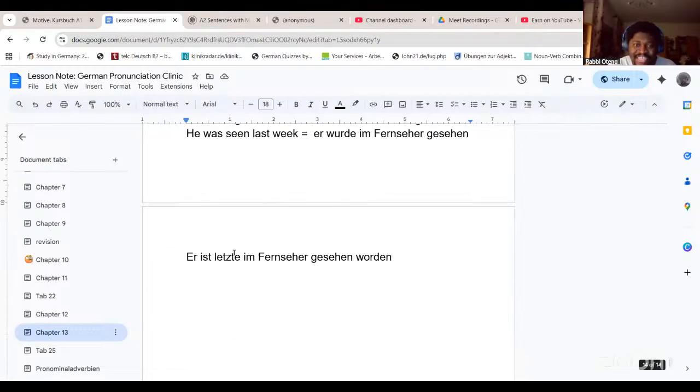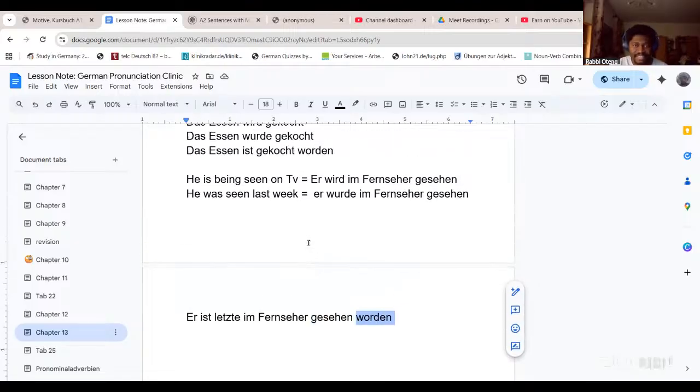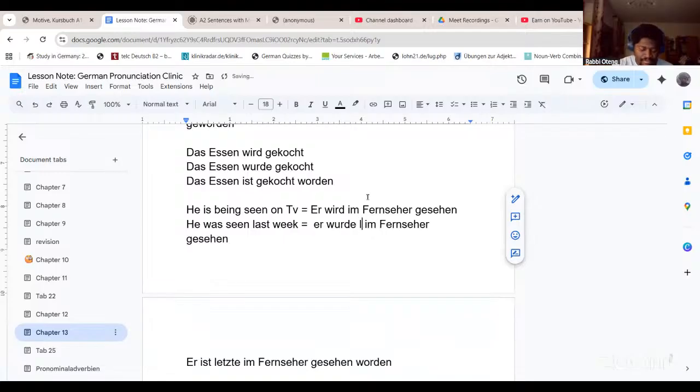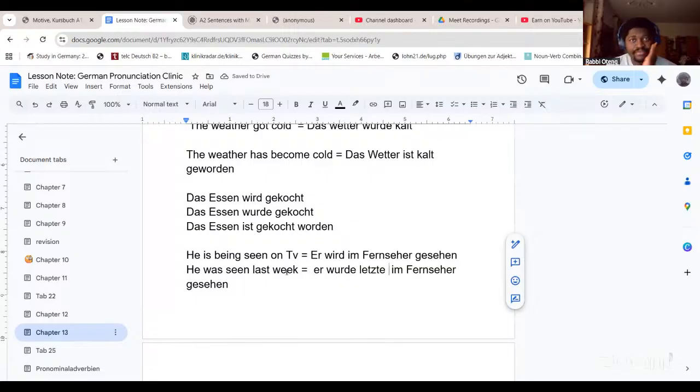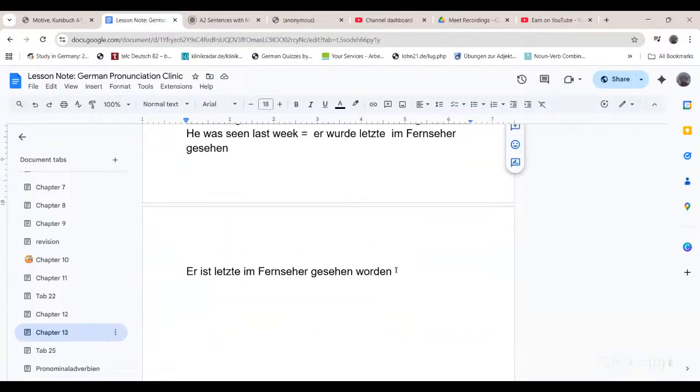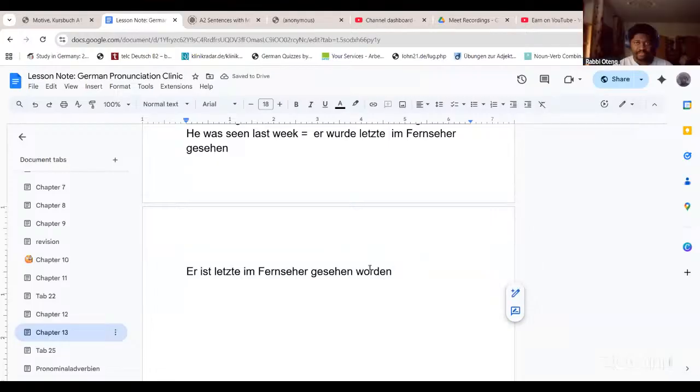But when there's another verb, then we use what? "Worden," "ist worden." Sense? All right, let's do more examples.